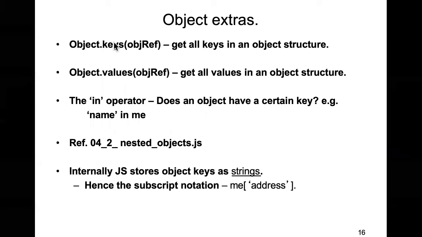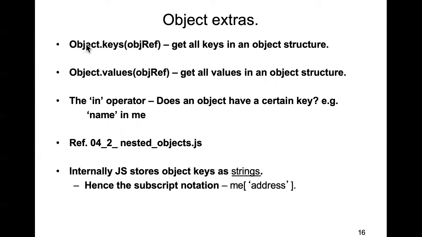Just some other little odds and ends, really. There were some new extra features added into the JavaScript language. Again, I think it might have been around ES7, which would have been around 2016. So for example, sometimes you may want to get all of the keys in a particular object for whatever reason, and we can do it using this syntax here.